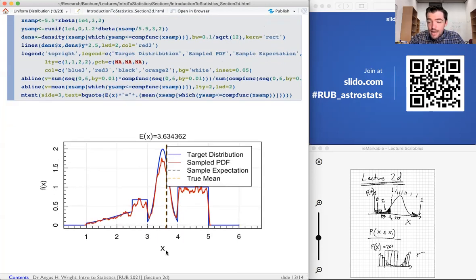Without knowing anything about the actual underlying mechanism behind how this distribution function is defined, we can create, using Monte Carlo simulation, an estimate of its integral, of its standard deviation, of its mean, and lots of other statistics. So it's a very, very powerful tool for generating summary statistics of multidimensional complex functions.